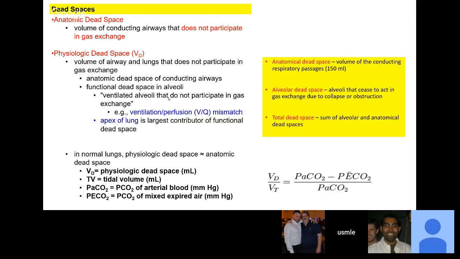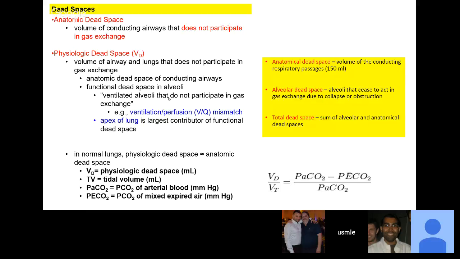The anatomic dead space is something like 150 mL, that you saw earlier in the formula for calculation. The physiological dead space, you don't have much volume.